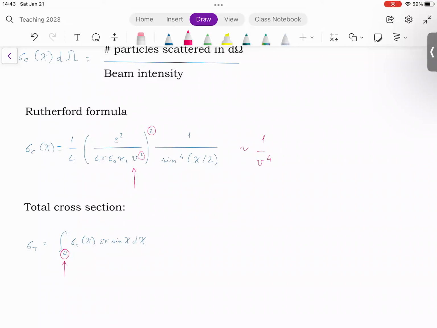In other words, the Debye length is going to set the limit for the lower integral.